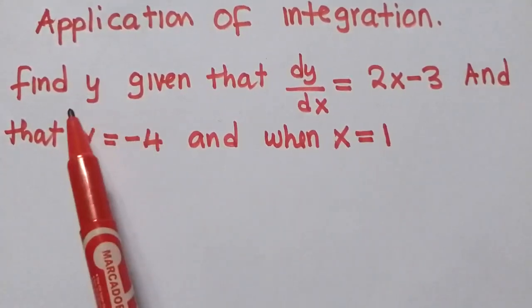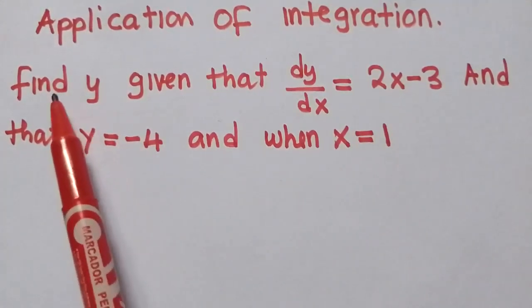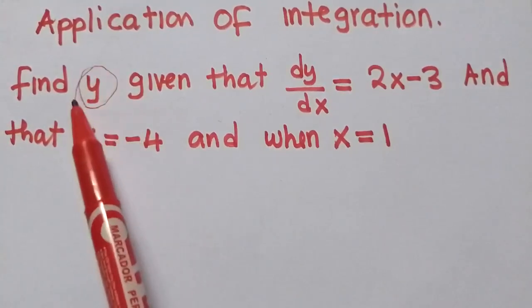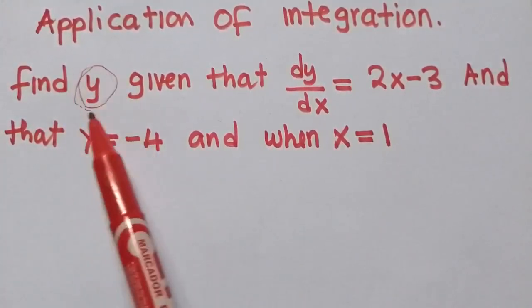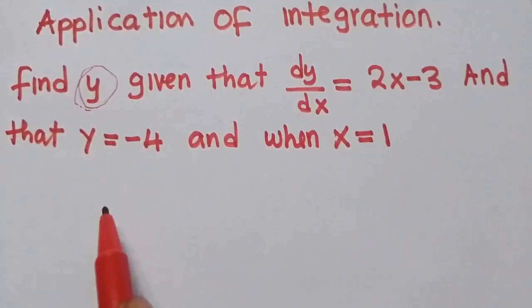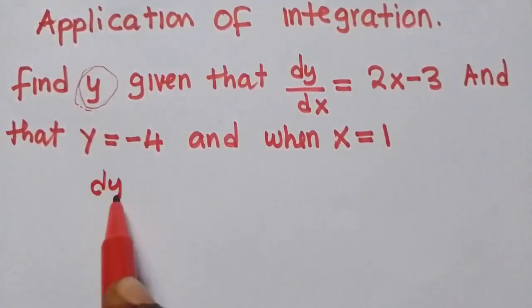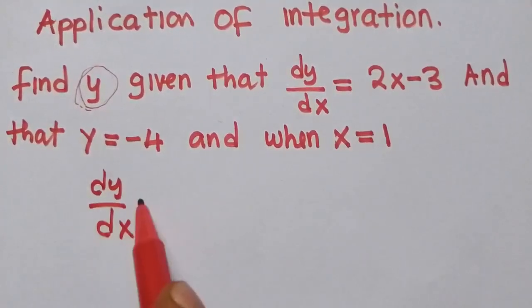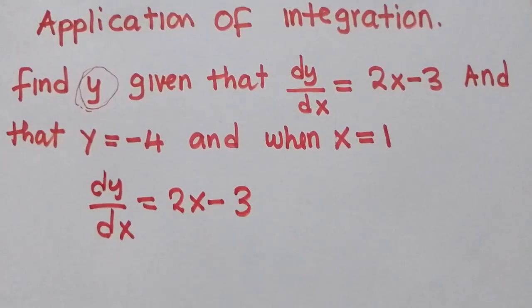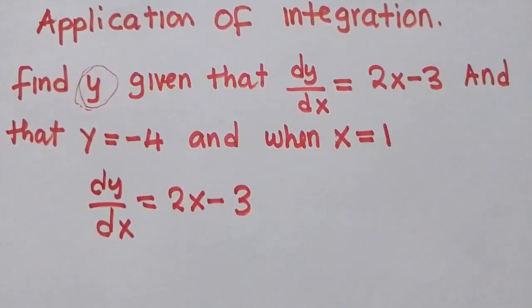The question is saying find y. They are telling you to find the original equation. You are given that dy/dx is equal to 2x minus 3.